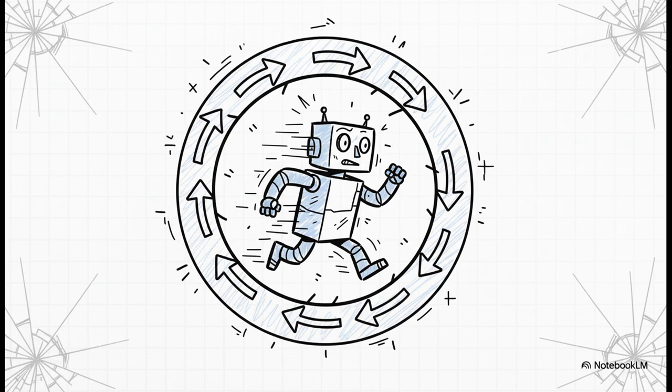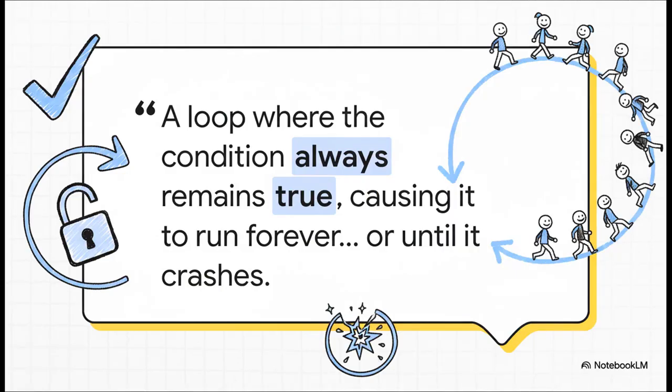It's the digital version of running on a hamster wheel with absolutely no way to get off. And what causes it is simple. It's a loop where the condition you're checking never ever becomes false. Remember our bouncer? What if his rule was while 1 equals 1, let people in? Well, 1 is always going to equal 1. He'd never stop letting people in, and the program would just run forever. That's the danger right there.